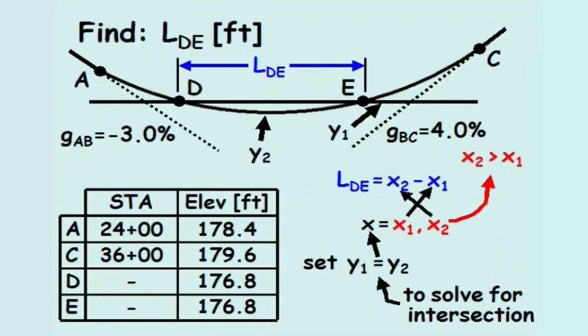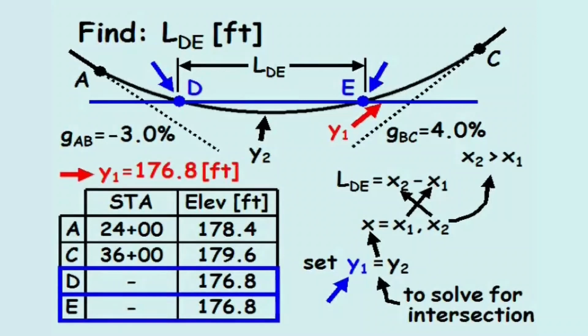First we'll solve for y1, the equation of the line which contains line segment DE. From the given data, we notice points D and E share the same elevation value of 176.8 feet. Therefore, we know that equation y1 equals 176.8 feet.